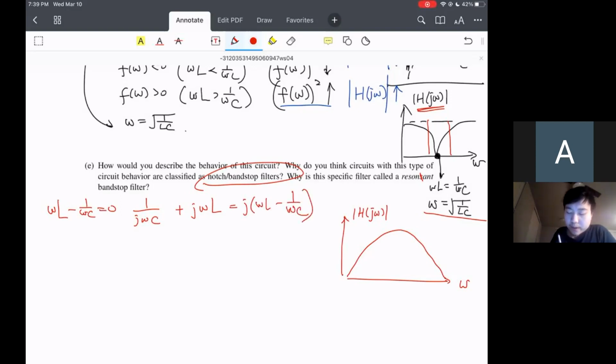And at the point where omega is equal to root 1 over LC, the impedance of the capacitor and the inductor just cancel out each other. So that's why the circuit is called a resonant bandstop filter.